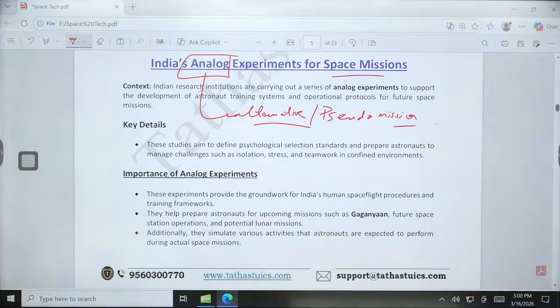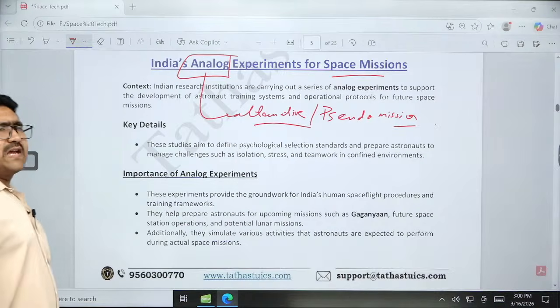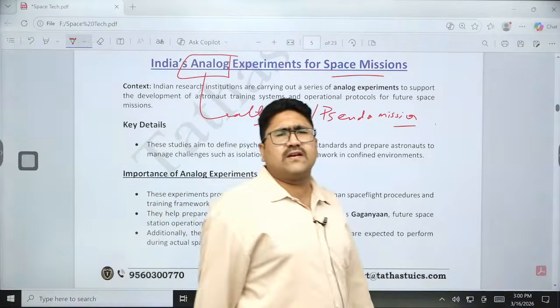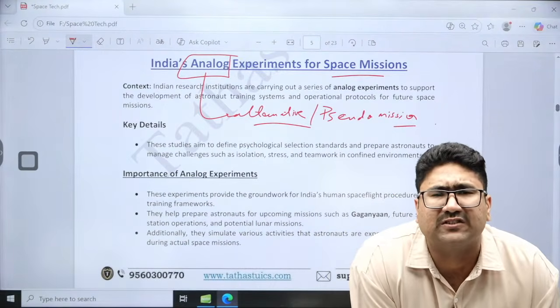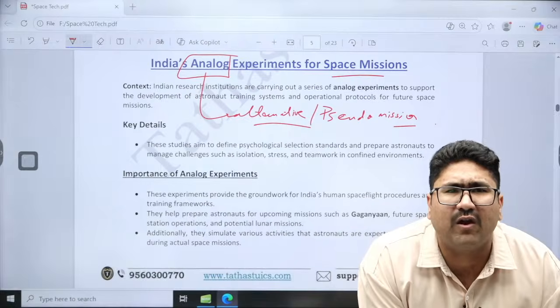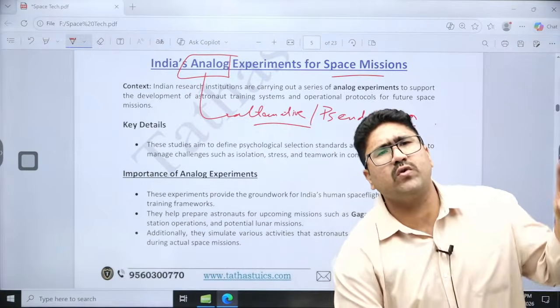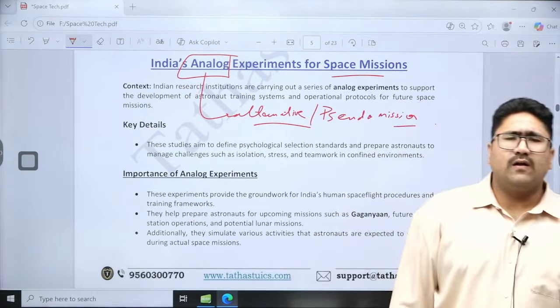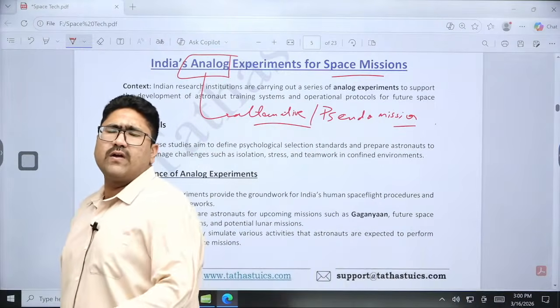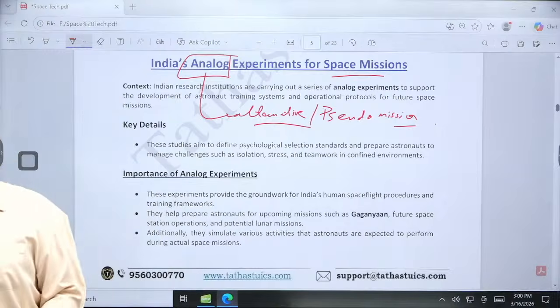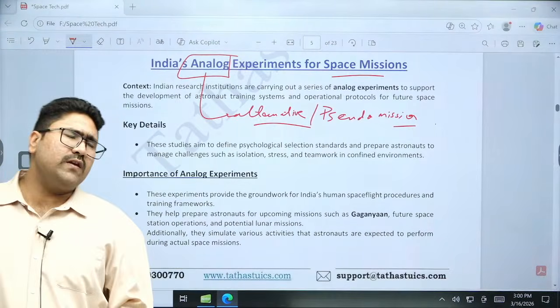Rather than launching in the space, we create space like situations on the Earth. We use those situations to train our astronauts. That is known as an analog mission. That is an alternative to real time space environment. We create an alternative environment on Earth which is very much similar to that of the space.